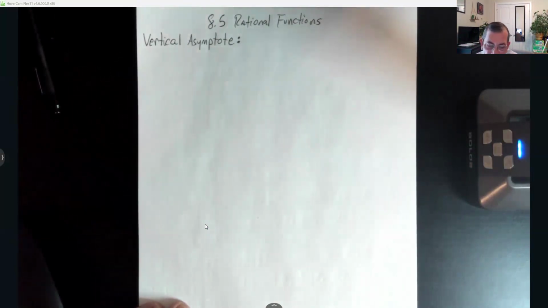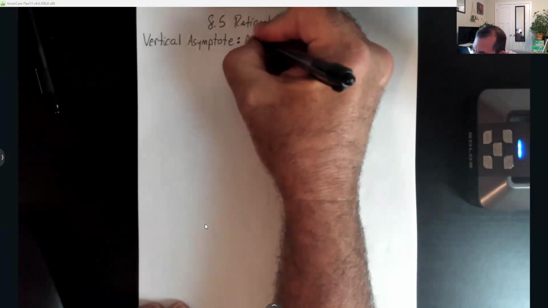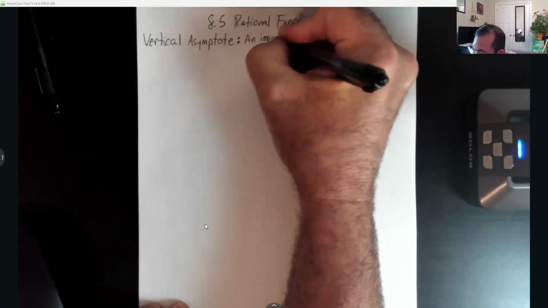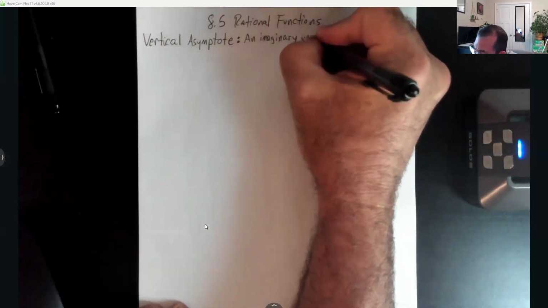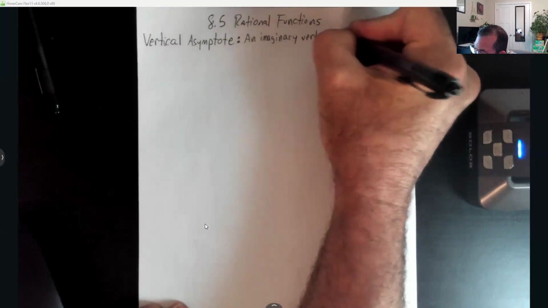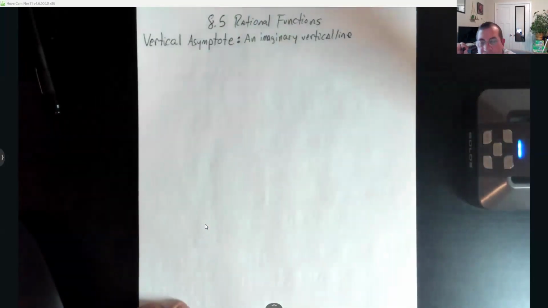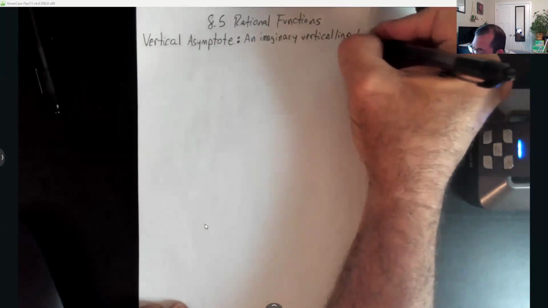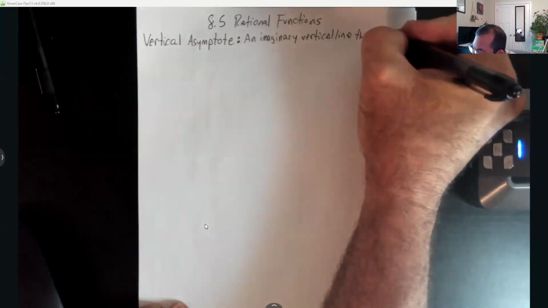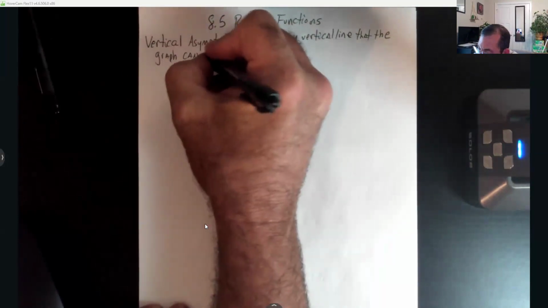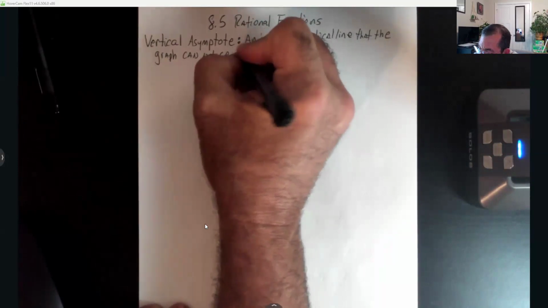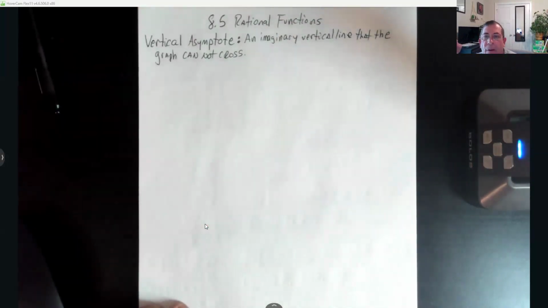So the vertical asymptote is an imaginary vertical line that the graph cannot cross. Now, why can't a graph cross this imaginary vertical line?